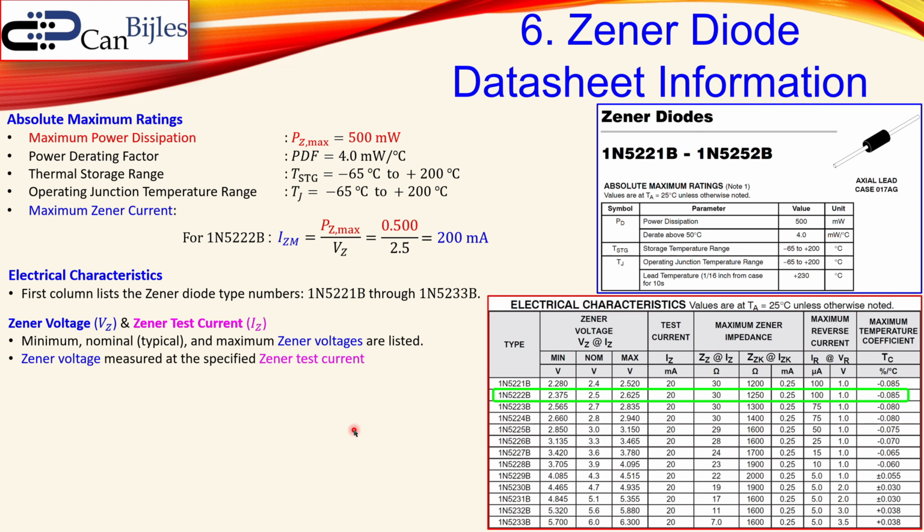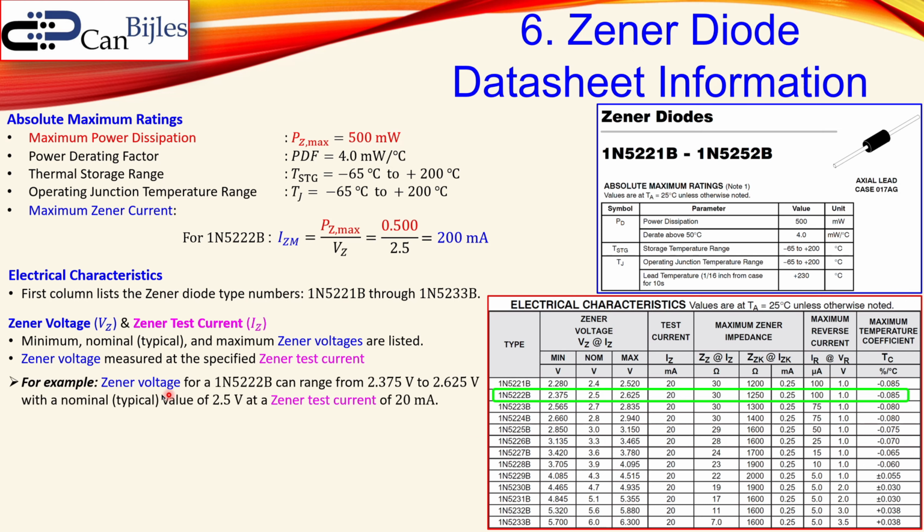Now the Zener voltage is measured at a specific test current as said before, so it is this current IZ, which is called a test current, in this case 20 milliamps. For example, I see that it ranges between 2.357 up to 2.625 volts for the Zener voltage. And then the nominal is 2.5 and as a test current is 20 milliamps.